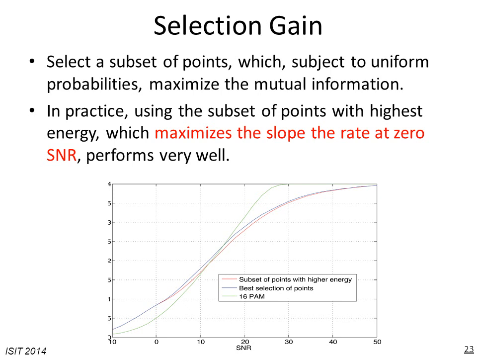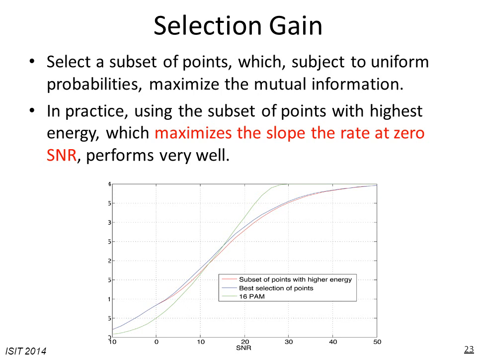So as is seen, up to some point, for example around 12 dB, selection, which results in that blue curve, can provide a constellation which has even a higher mutual information as compared to the regular 16 PAM with uniform probabilities. The red curve is based on a simple selection rule motivated by the previous slide, in which we saw that the slope of the rate at low SNR is determined by the norm of the constellation points of that QPSK that I mentioned.